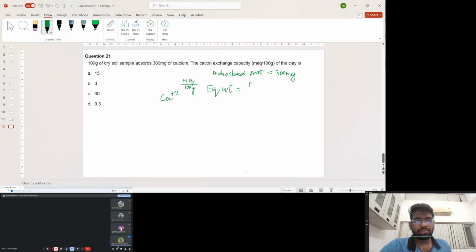The equivalent weight is defined by molecular weight by valency.